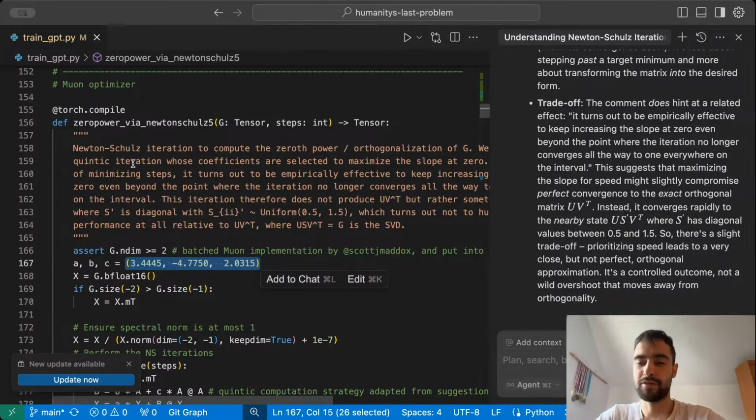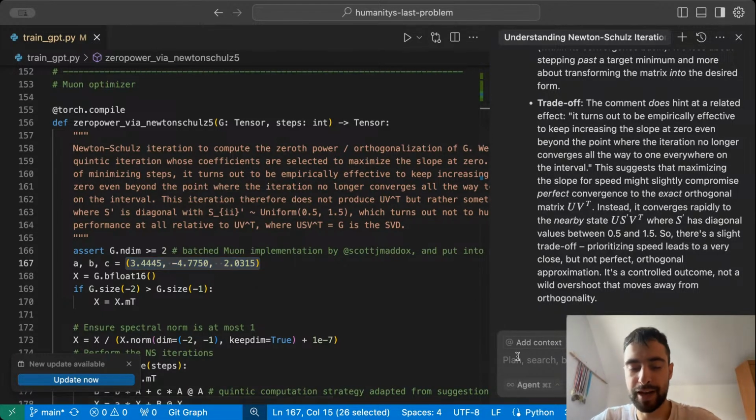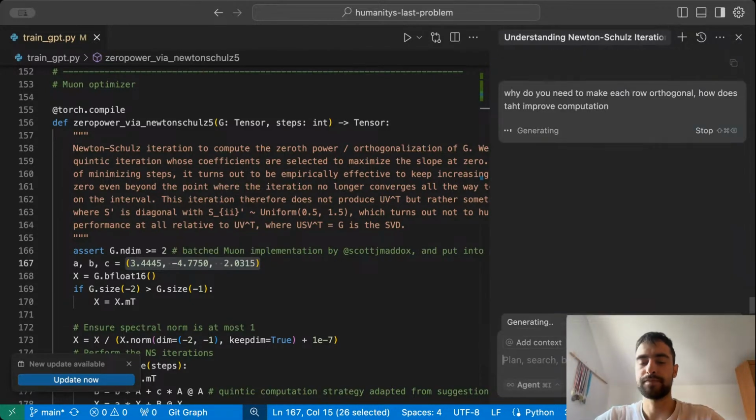I still don't know how though. While I'm explaining, I'm going to ask, why do you need to make each row orthogonal? How does that improve computation?